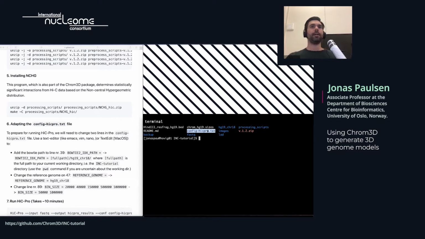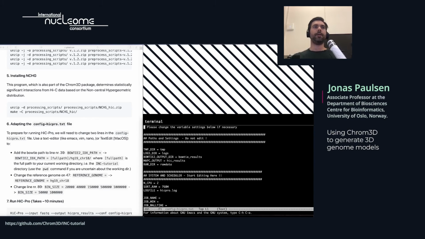which we have downloaded. So before we actually go in there, I'll ask you to type pwd and copy this path to your current working directory. We're going to use that once we go into the configuration file to modify one of the lines. So I'll just go into the configuration file now.